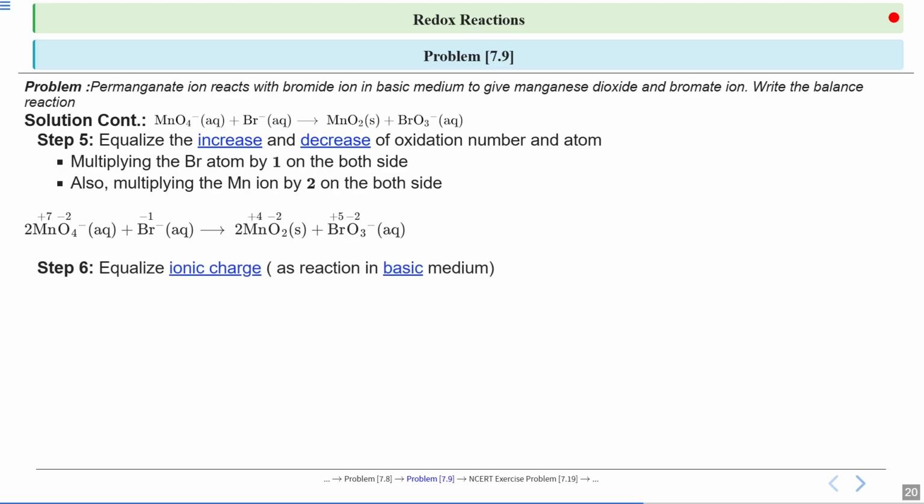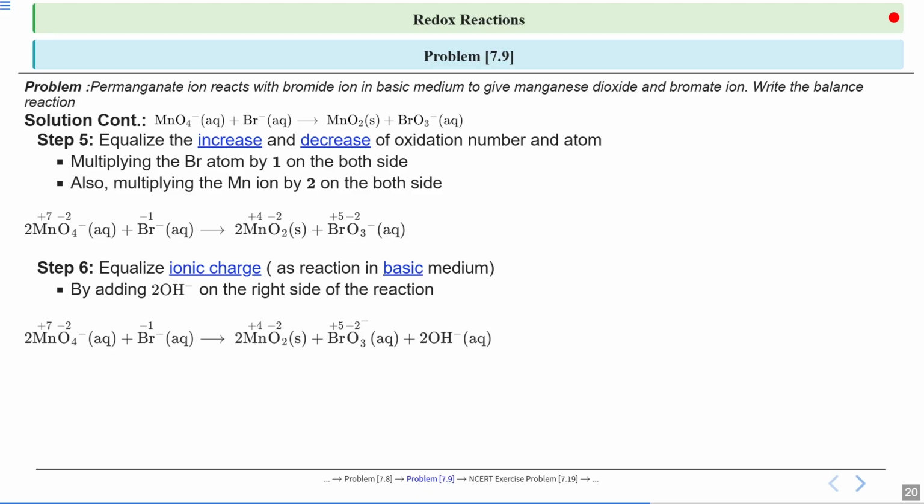In step 6, as all the atoms are balanced now, our main point is to equalize the ionic charge. As the reaction is taking place in basic medium, we will add hydroxide ion on the right hand side of the reaction. How much hydroxide ion would be added to the right hand side?